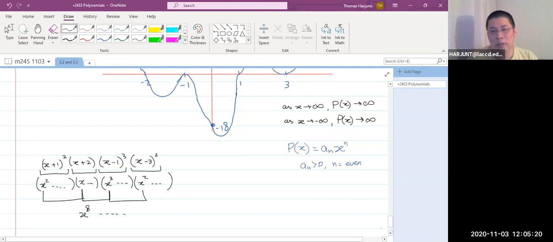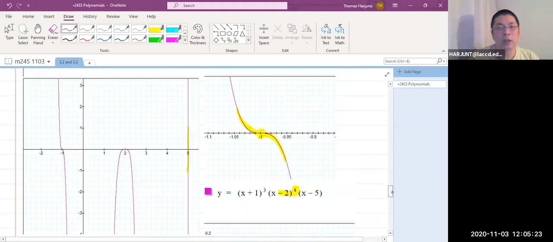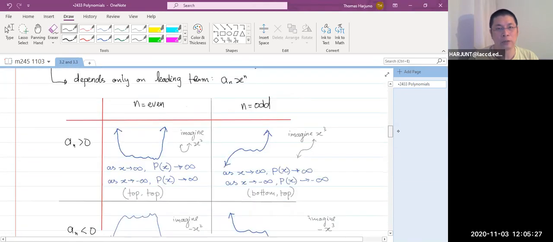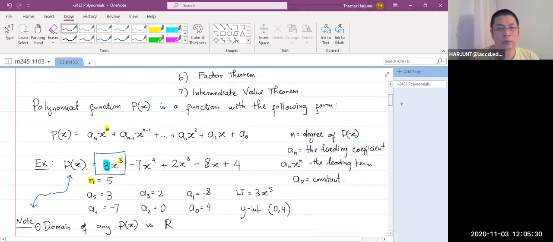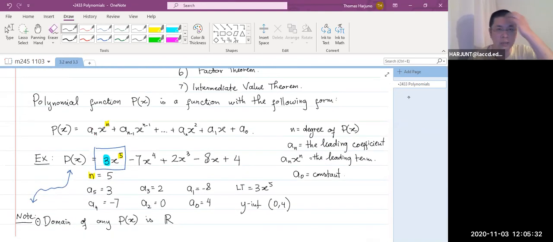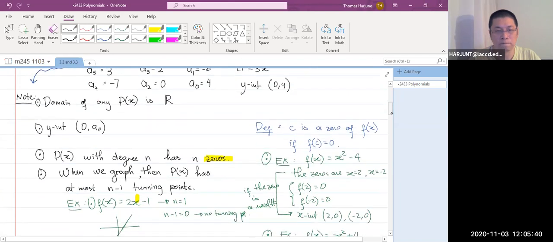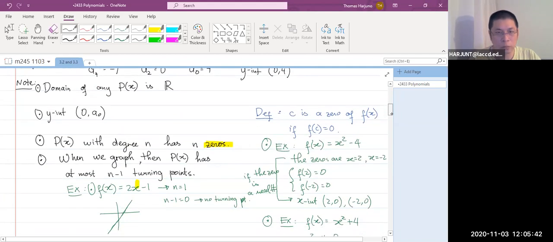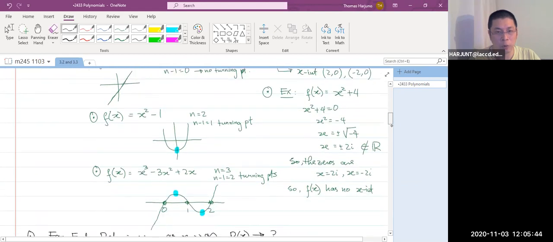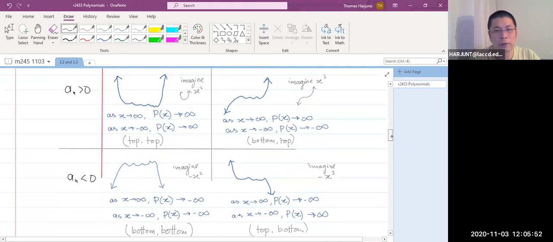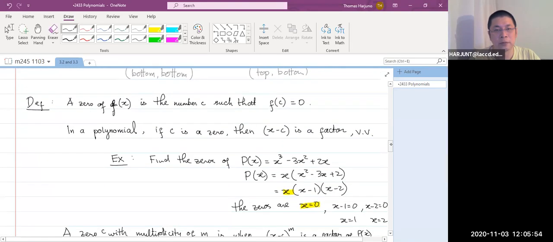Now, all of these are basically just information without computations. You still need to know how to factor them. What I teach you here is mostly recognizing a polynomial. You know what the degree, leading coefficient, leading term, and constant are. What are the zeros and the multiplicity, the number of turning points. If you have a polynomial, can you tell what the far-end behavior is?